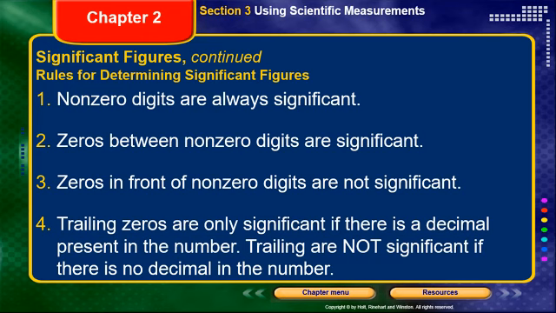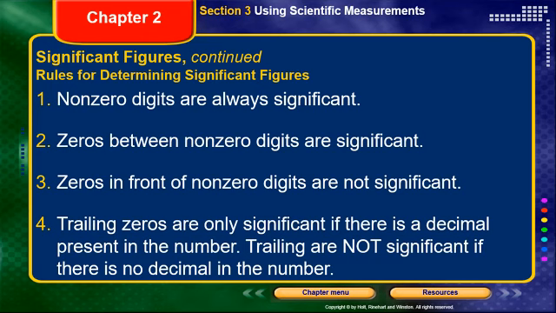Therefore, those 2 zeros are both significant. Rule number 3. Zeros in front of non-zero digits are not significant. These are also known as zeros to the left of a number, or leading zeros is another term you may hear. Leading zeros are never significant.